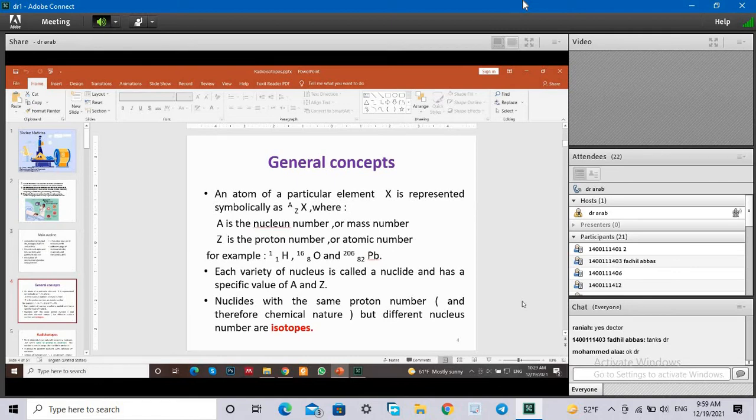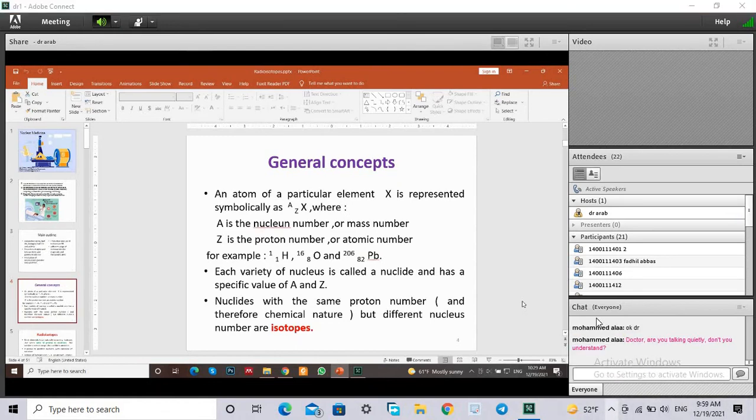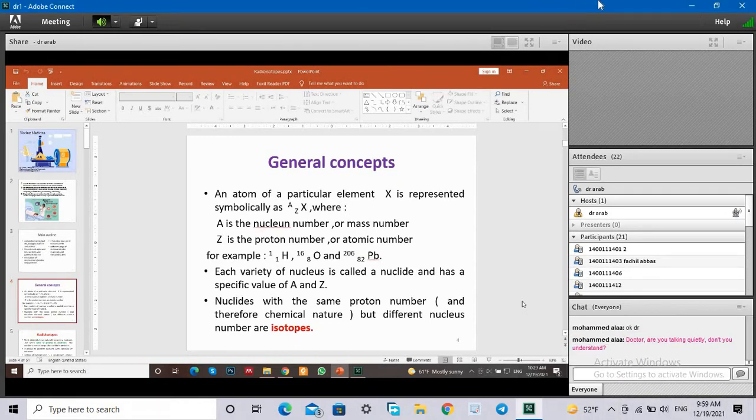As I said in the beginning, I want to speak about the main concepts of the physics of nuclear medicine. At first, I want to speak about the radionuclide. As you learned in high school, each atom consists of electrons and a nucleus. The nucleus of any atom consists of a mixture of protons and neutrons.